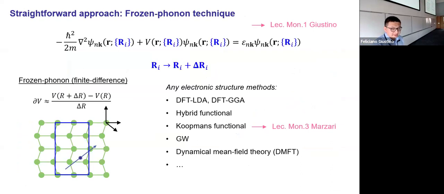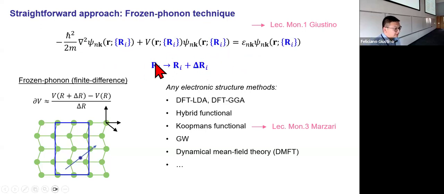If we want to understand whether there are GW self-energy effects in the electron-phonon coupling, a straightforward approach is to use the frozen phonon technique, as also introduced by Marius in the first lecture of today. We can do that because, as introduced by Feliciano on Monday, if I write down a Kohn-Sham eigenequation, the wave functions and the potentials are all explicitly dependent on all the atomic positions, R_i.